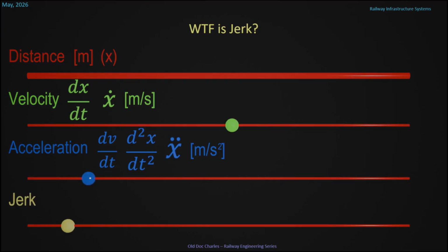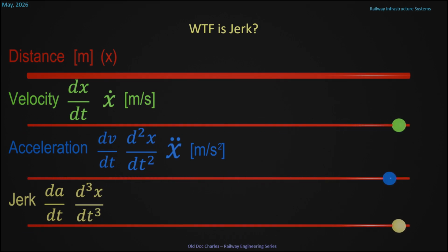So jerk is just the next step, and it's how fast the acceleration is changing, or more formally, the rate of change of acceleration with respect to time, written in terms of distance as d cubed x over dt cubed, sometimes simplified as x triple dot, and it's measured as meters per second cubed.